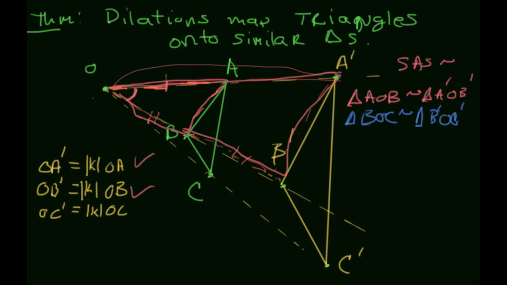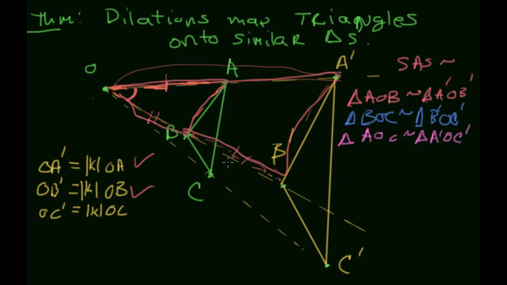And what was the purple set of triangles, we're going to say that triangle AOC had to be similar to triangle A prime O C prime. All right, so all three sets of triangles that we dealt with there proved to be similar by the SAS theorem.